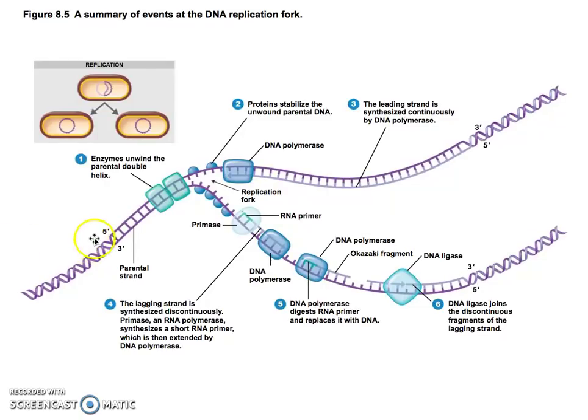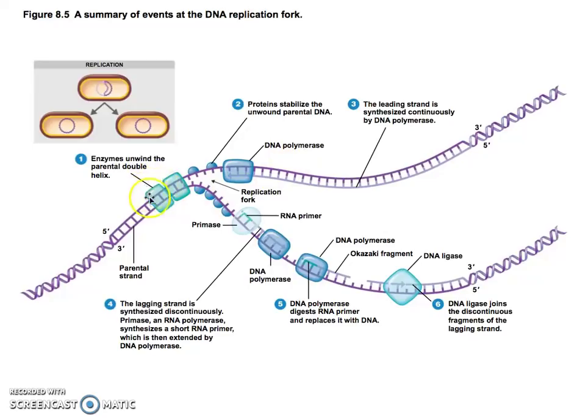So here you have the 5' carbon going to the 3', and replication here is going from 5' to 3'. So this is being replicated continuously with the DNA polymerase. Remember, an RNA primer sat down, started replicating, and then you have other proofreading proteins that are going there.